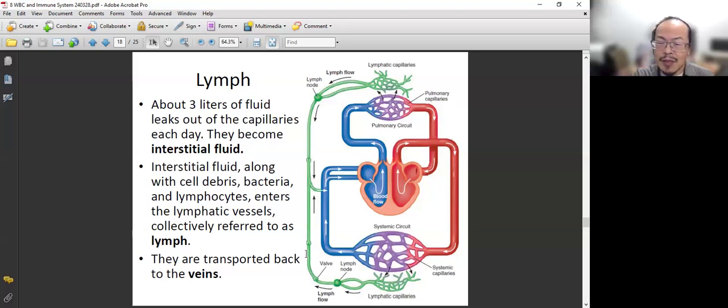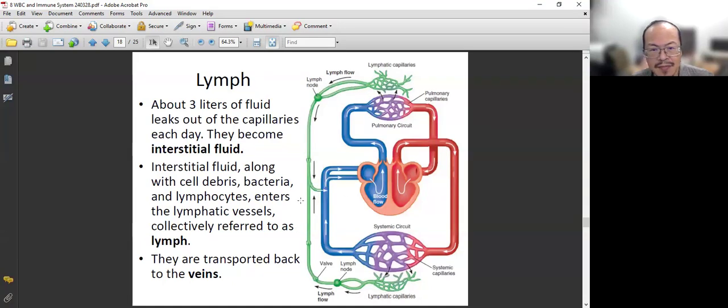You may pass one checkpoint, like a soldier booth, right? You may pass one, you may pass two, and eventually get captured. And this fluid will eventually go back to our veins, because it has to go somewhere. It will go back to our venous system.